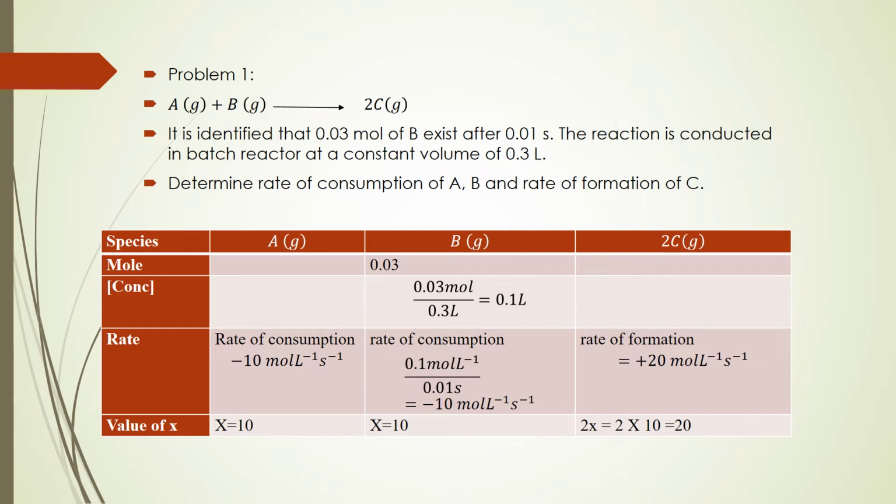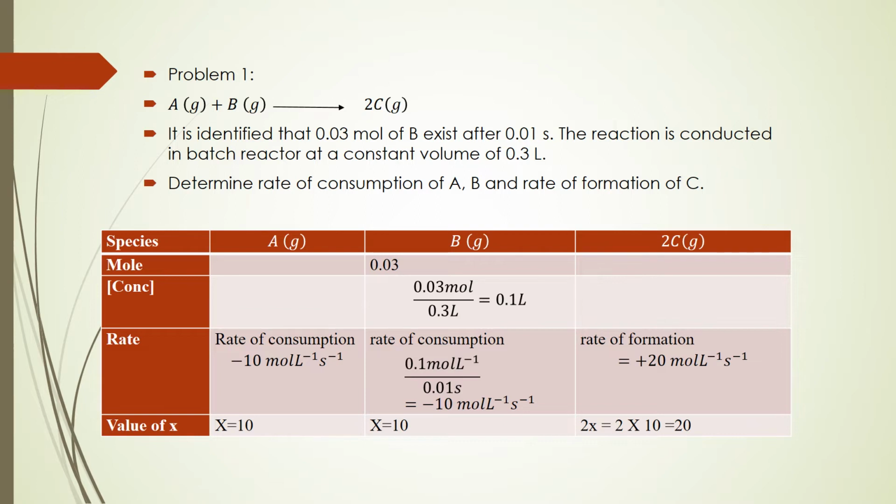We divide 0.1 over 0.01, then we have negative 10 mole per liter per second. Negative indicates the consumption of B, so that's why I put a negative there. Basically, we are working on the column for B. We have to settle B before we can predict the values for A and C.